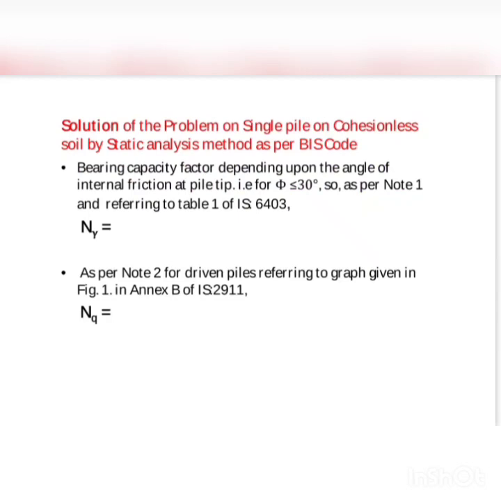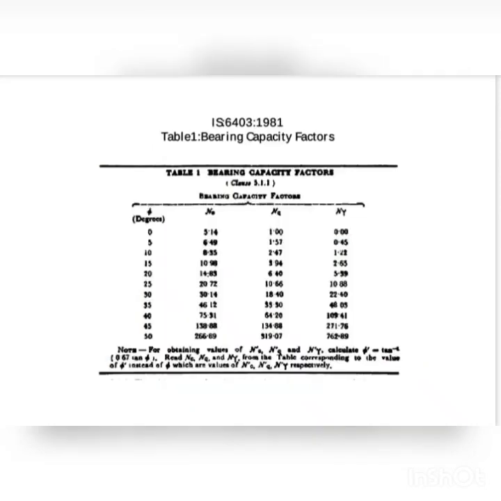So let's refer to the note. What is it talking about? N gamma first. Now see the note 1. N gamma factor can be taken from general shear failure according to IS 6403. So it is referring to the table of bearing capacity factors from IS 6403. Okay, let us see. Now this is table 1 of bearing capacity factors from IS 6403.